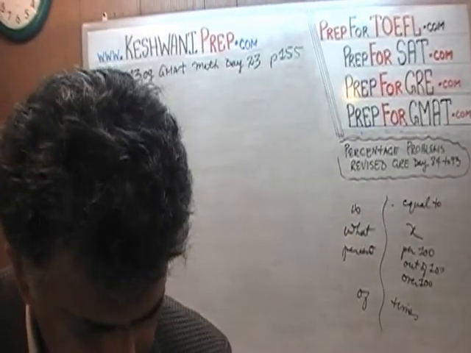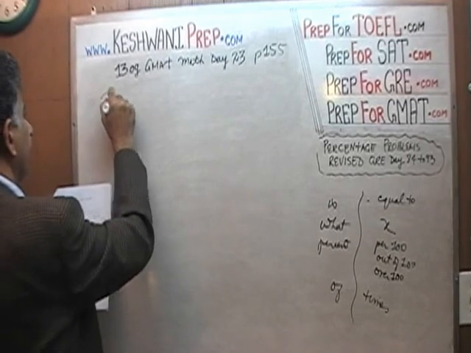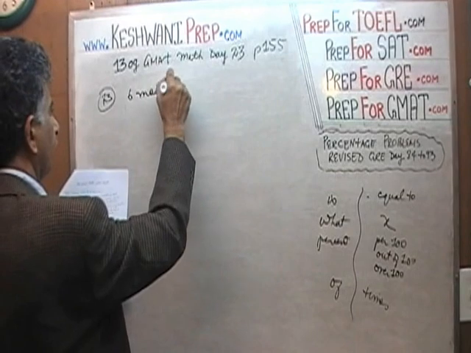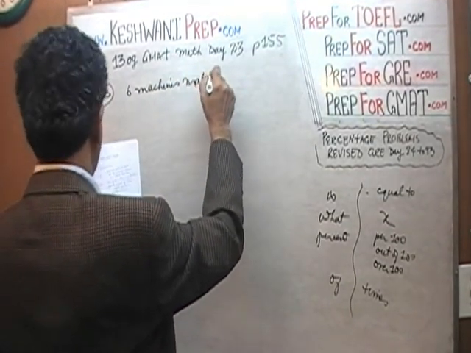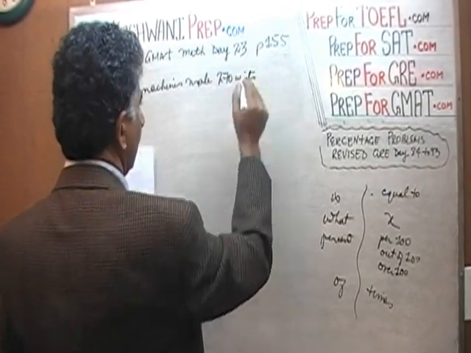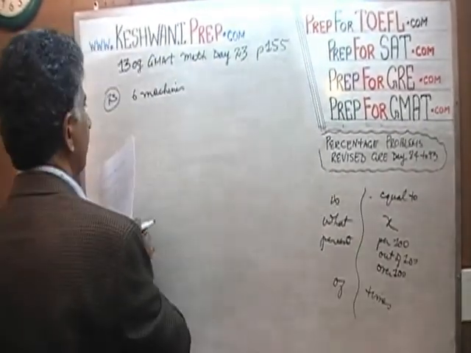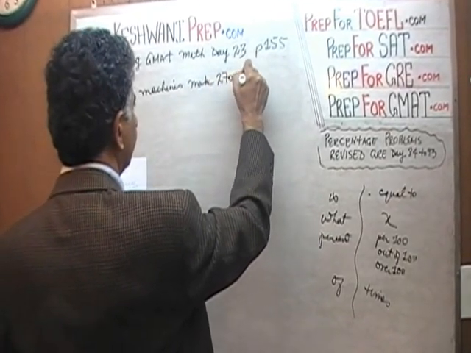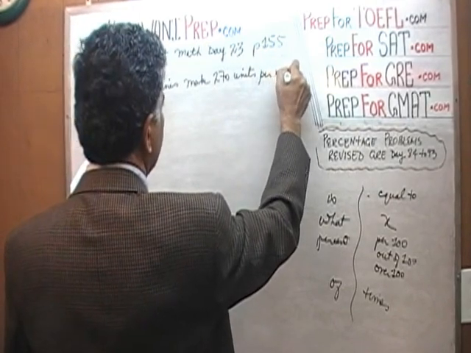Number 23. Six machines, we are told, make 270 units per minute.